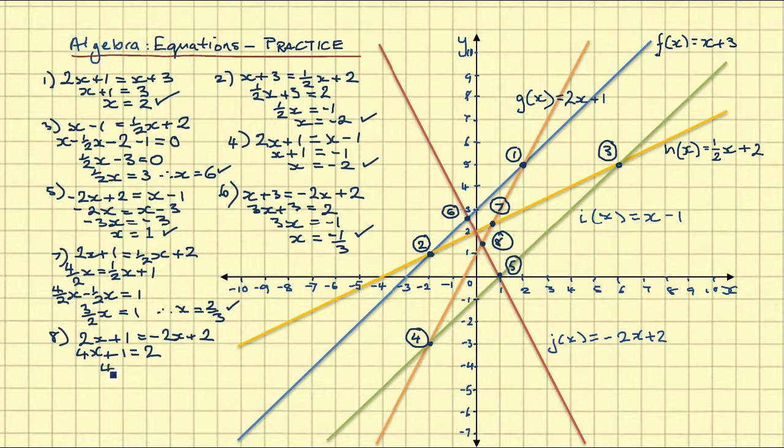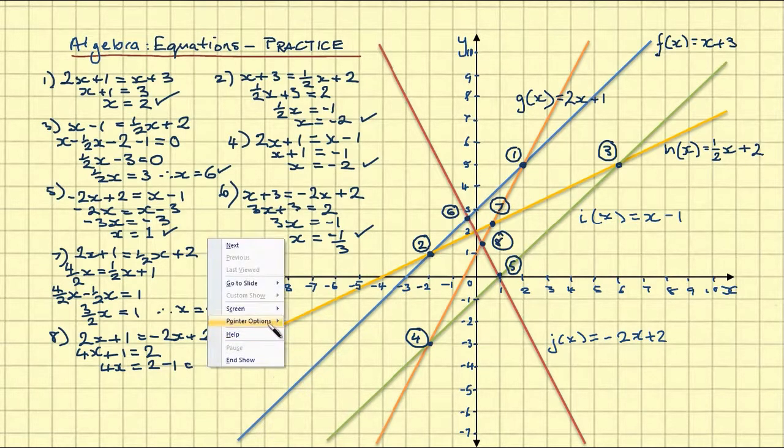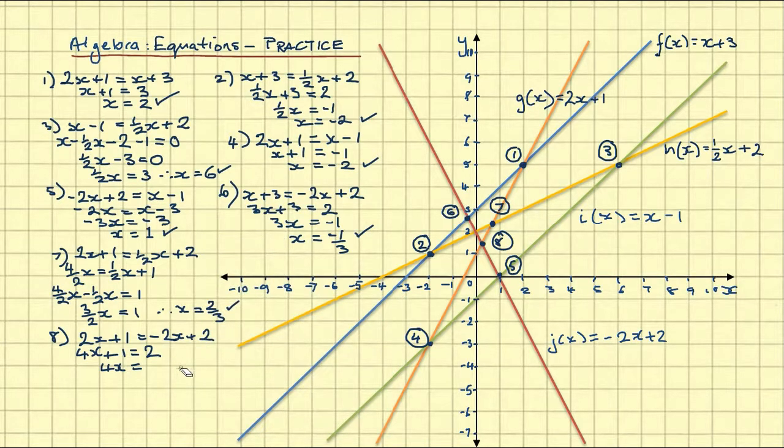And now we want to eliminate the 1, so we have 4x, subtract 1 from both sides, gives us 2 subtract 1, gives us 4x equals, I was going to say 3, I must be getting very tired. 2 minus 1 gives us just 1. Okay, and then if we divide through by 4 on both sides, that will eliminate that 4. We just have x equals 1 divided by 4, or 1/4.